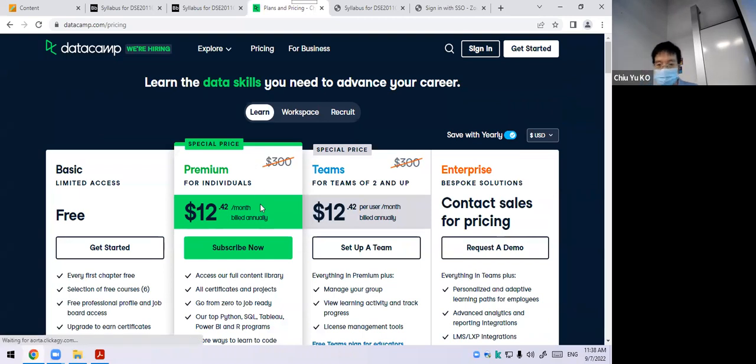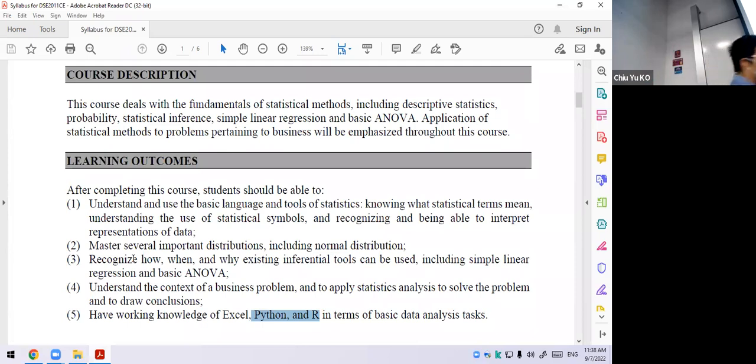I think you have to pay $12 US per month to learn, but luckily they support us for free, so you don't need to pay. I think the membership is until next March, so 3 months more after our class is over. After that I cannot extend it because it's just offered for this class.